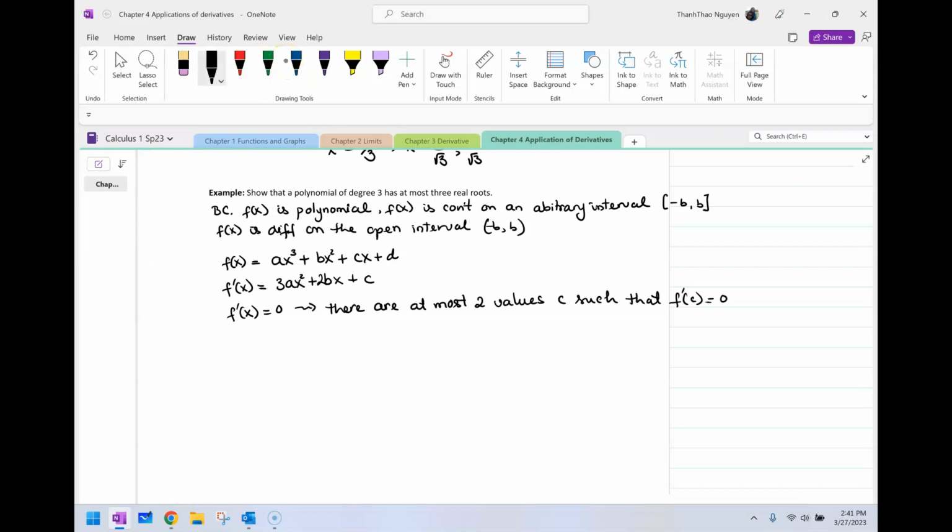This means that f of x has at most two extrema. Okay. So then f of x has at most 3 real roots.